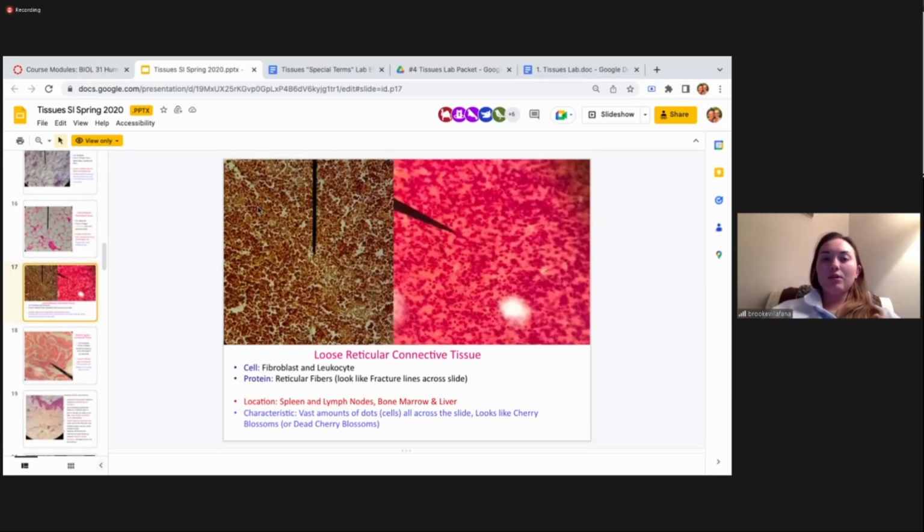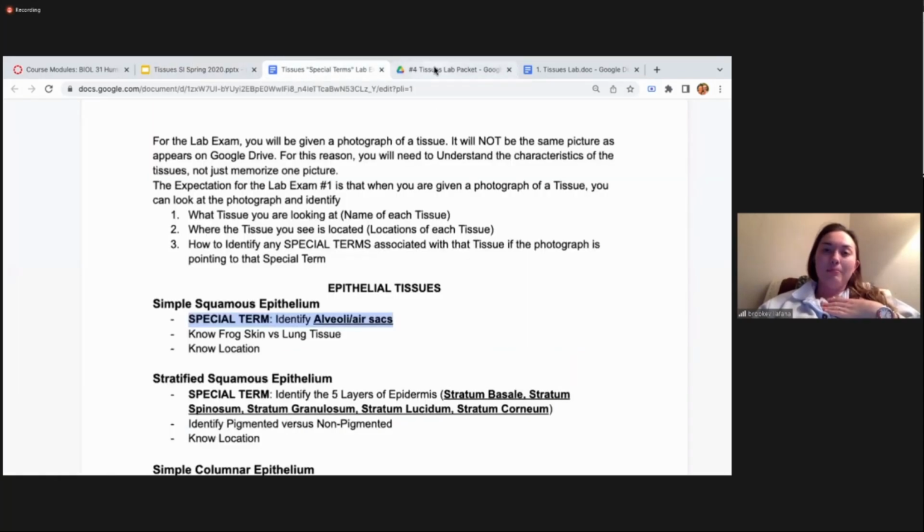The biggest characteristic here is we just see dots all over the whole slide, because these are found in the lymph nodes, bone marrow, and liver. That's where white blood cells are mostly stored. So there's a lot of cells all over the slide. That's why the cells are the fibroblast and the leukocyte, fibroblast and leukocyte.